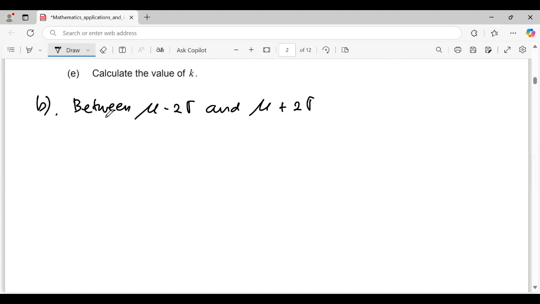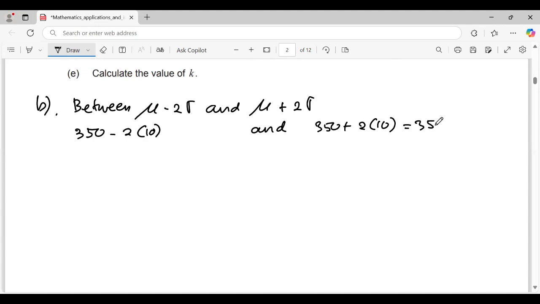If we substitute, it becomes 350 minus 2 times 10 and 350 plus 2 times 10.